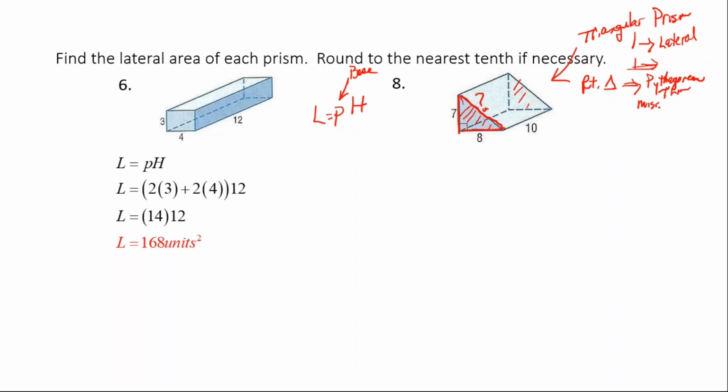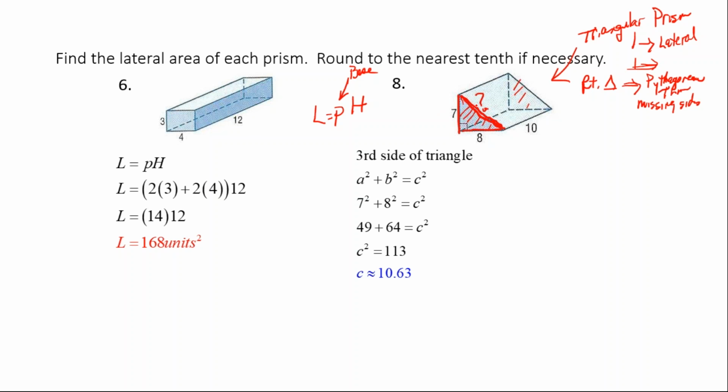For missing sides. So this would be my missing side. That happens to be the hypotenuse. Sometimes they don't give you all the details, but you should have all the details to find the missing pieces. So I now know what this side is. It's 10.63.